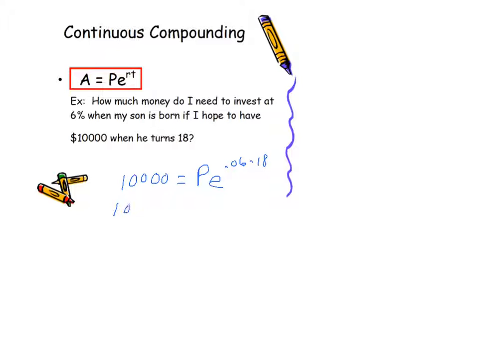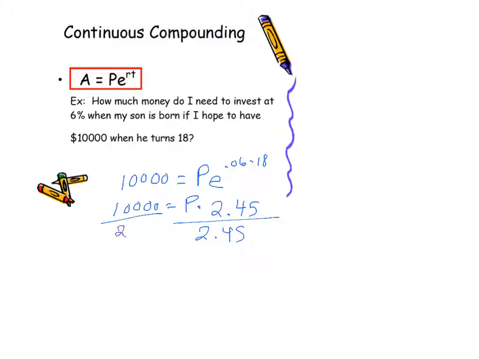I'm going to just evaluate in my calculator the e to that power, and I have a 2.94. And just divide. So this was kind of an easy one to solve for the p.